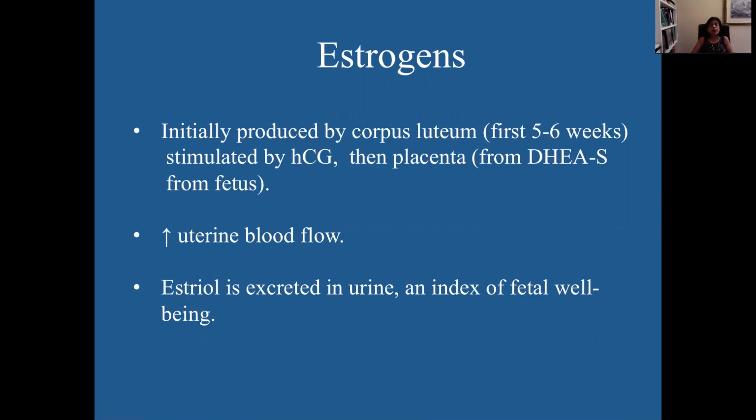Estrogens also increase uterine blood flow. Estriol is excreted in urine, an index of fetal well-being. Estriol is one type of estrogen that leaks into urine, and one can measure estriol to figure out what's going on in the pregnant body.